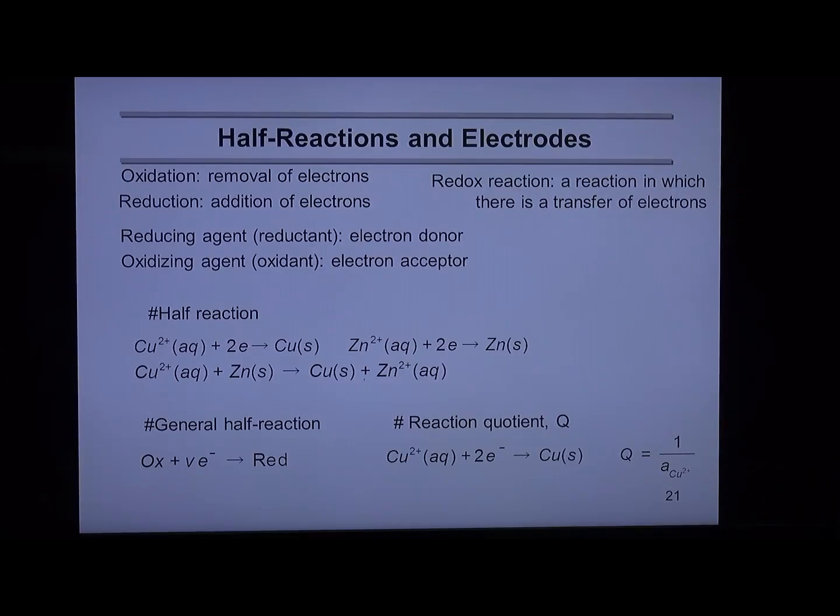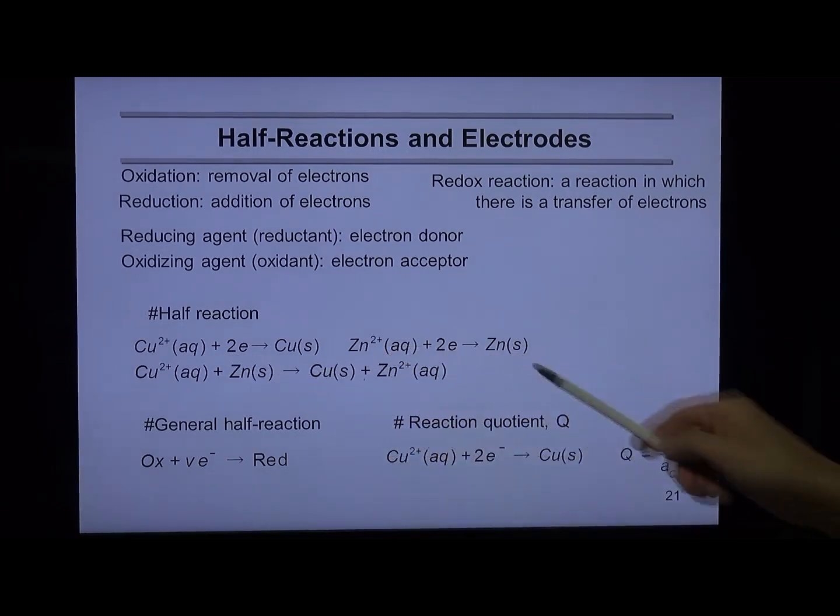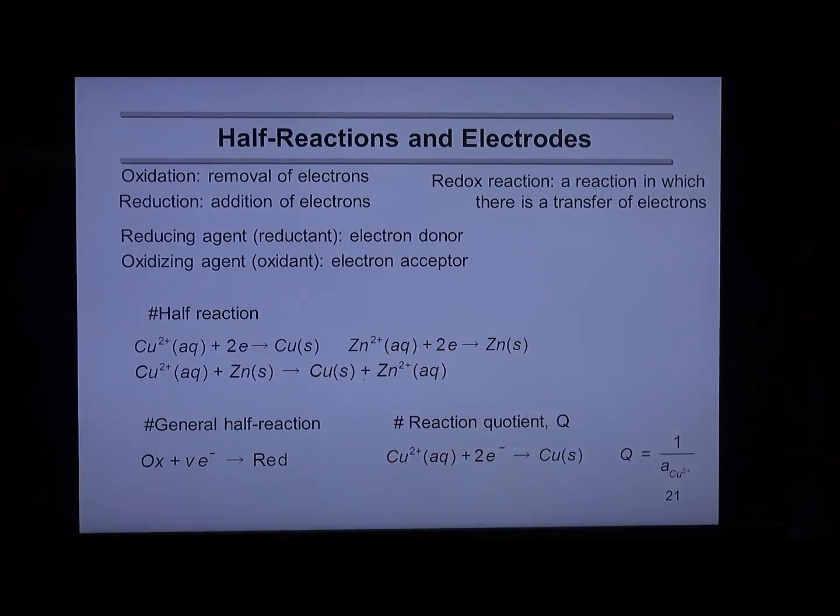And usually, for electrochemical cells, we express all redox reactions as reduction reactions. That reduction reaction is called a half reaction.